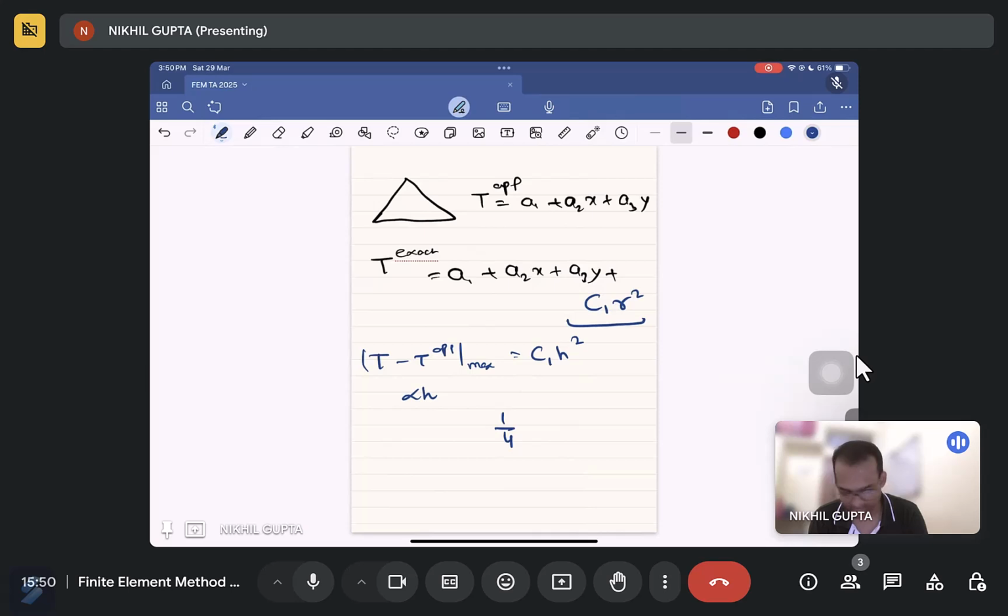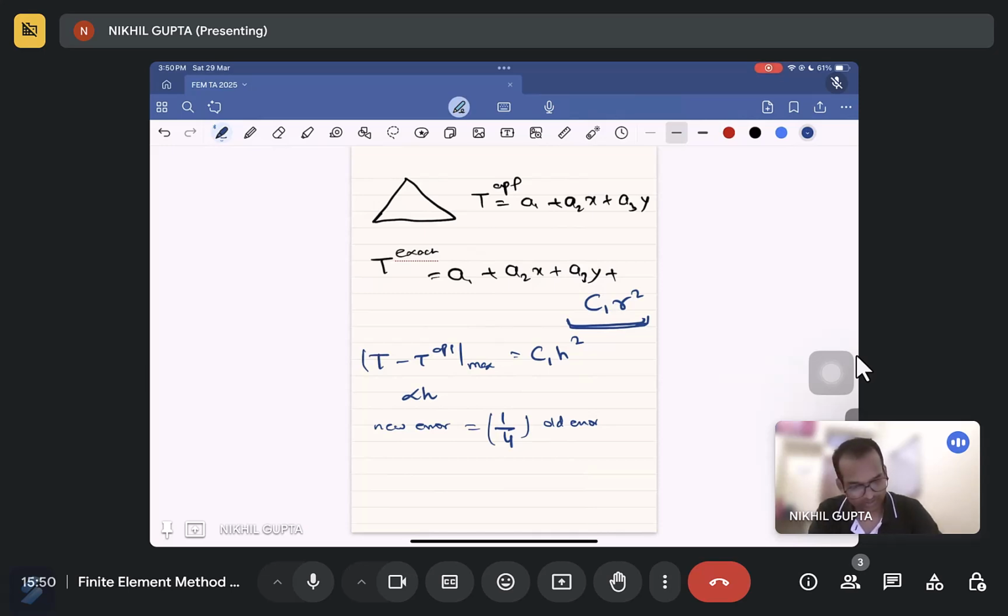I'm writing directly, or we can write it as new error is equal to 1 by 4 of old error, since we are not taking the second term element, so it is 1 by 4 here.